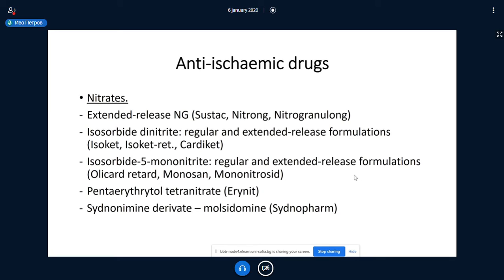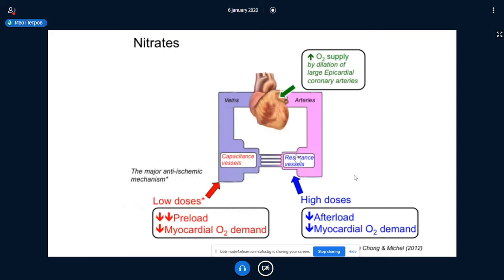One way to escape from the disadvantages of the long-acting nitrates is to use the sydnonimine derivative molsidomine. Molsidomine doesn't require such a long period of time between the 2 doses in order to have a good effect. So these are the most often used anti-anginal drugs.